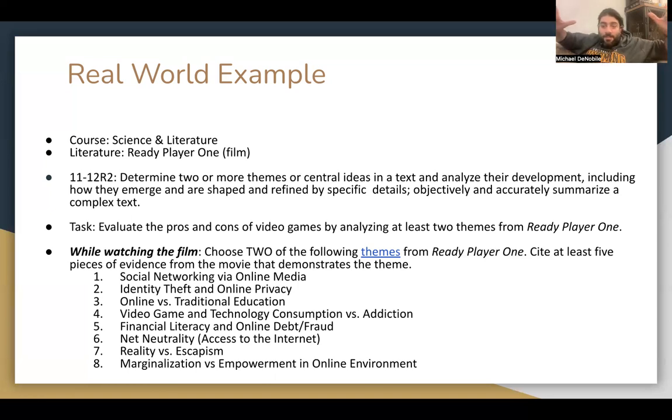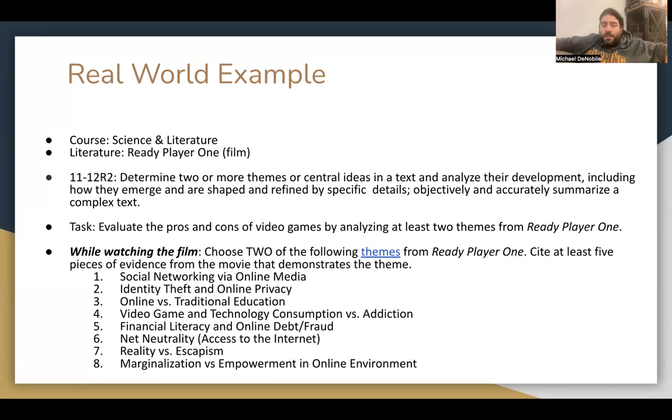So this is definitely DOK 4, because I'm asking them to extend their thinking, and this is going to be Bloom's 4 or 5. It's going to be low on the matrix, which means it's a high level Bloom, and it's going to be towards the right side for this particular task.